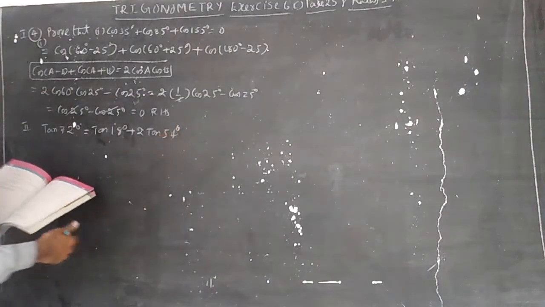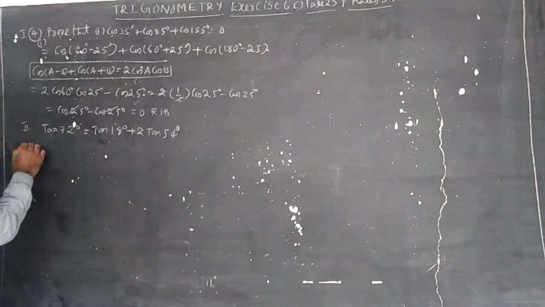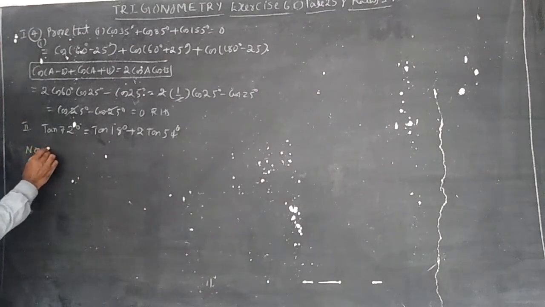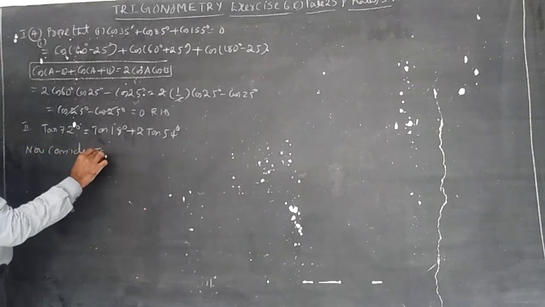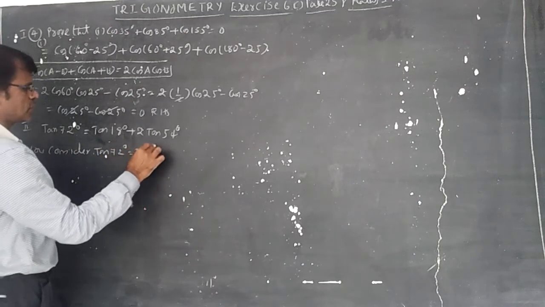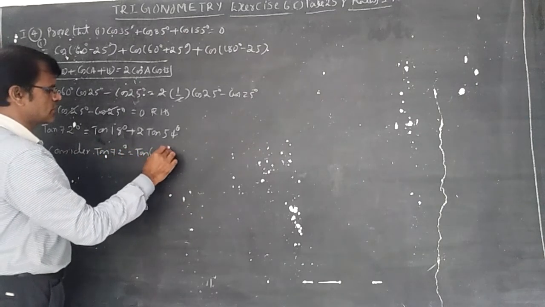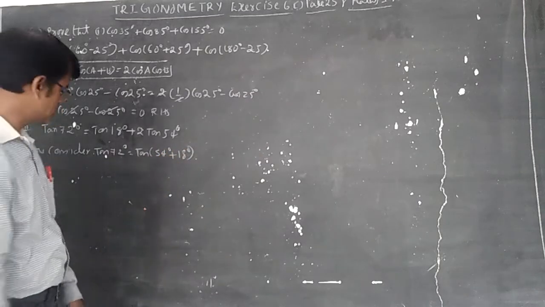Now consider tan 72 degrees is equal to tan of 54 degrees plus 18 degrees.